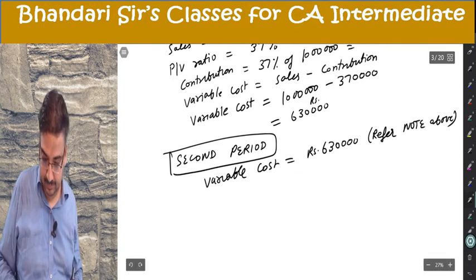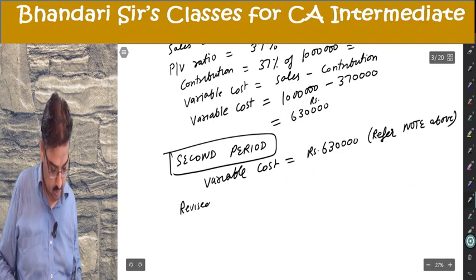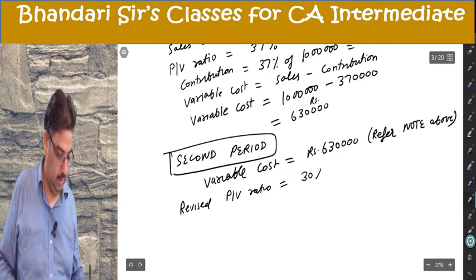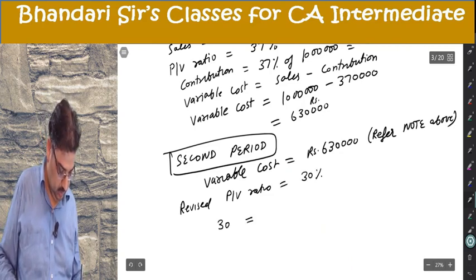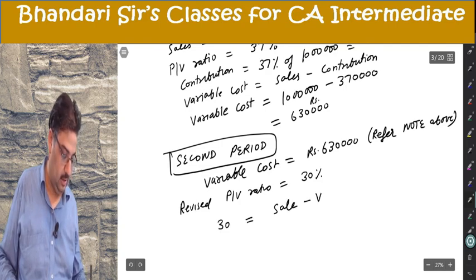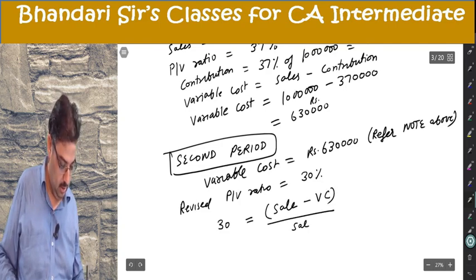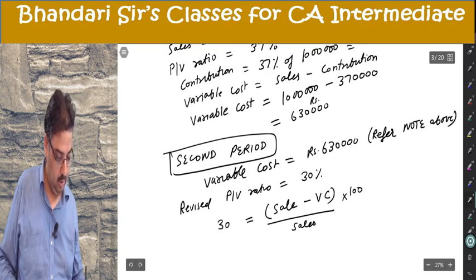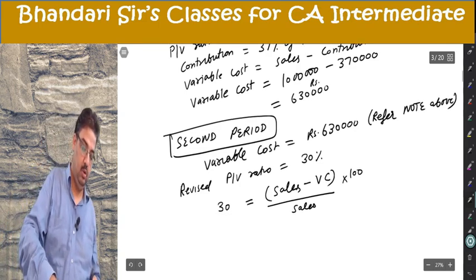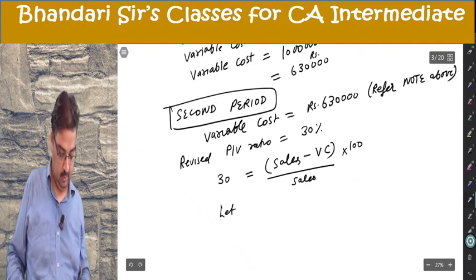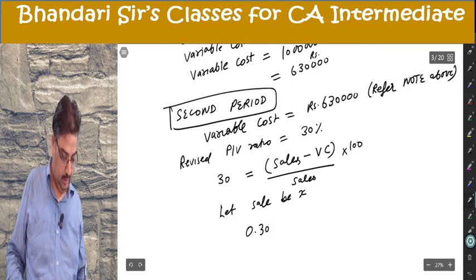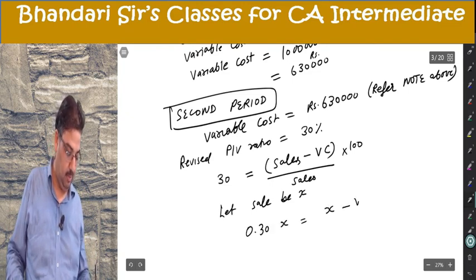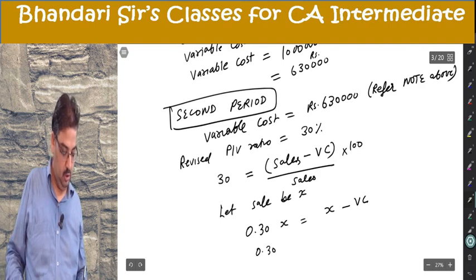From there I can get the revised PV ratio 30%. 30 is equal to sale minus variable cost divided by sales into 100. So what do I get? Let sale be X. Easy to write then. 0.30 into X is equal to X minus VC. 0.30x is equal to X minus 6,30,000.